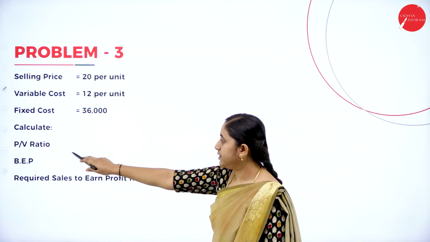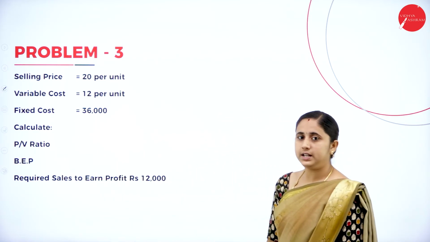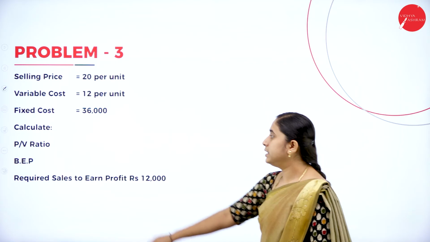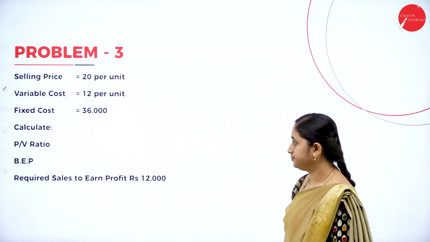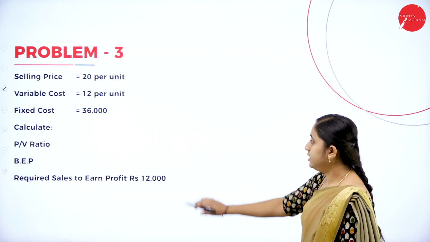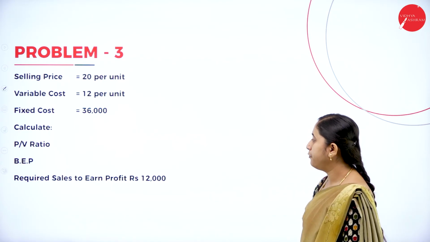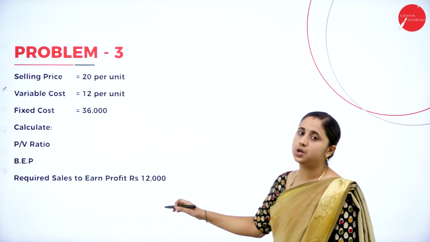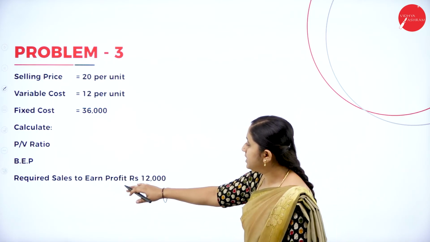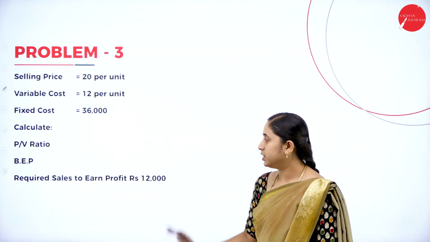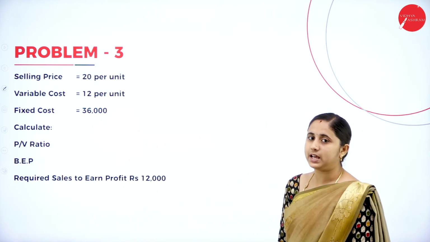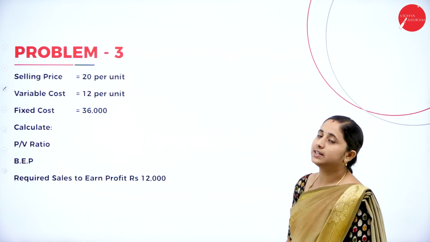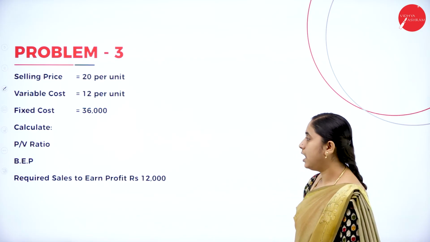BEP in units is equal to fixed cost divided by contribution. Then required sales to earn a profit of rupees 12,000. In the first problem, we calculated required sales to earn a profit, right? In the same way, we can calculate in rupees as well as in units.